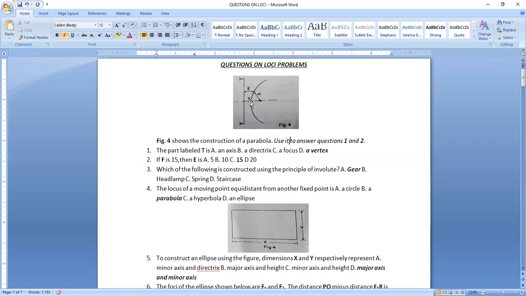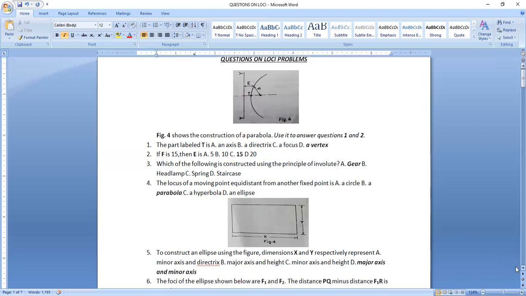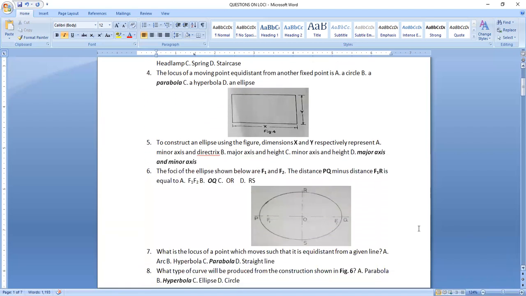The distance from this point T to the vertex is 15, and the distance of point T from the focus is also 15 millimeters. So the answer to question 4 is option B, that is parabola.